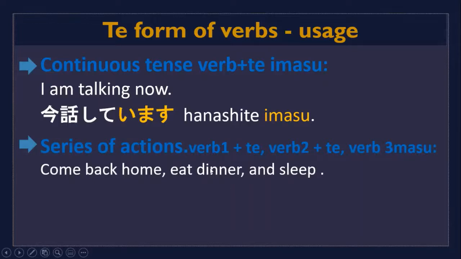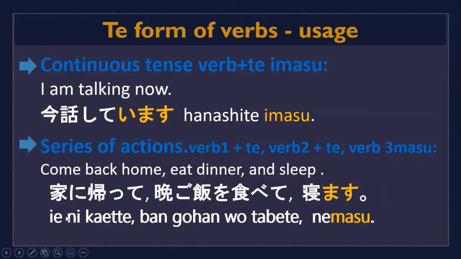So for example, verb 1, you are doing something like come back home, eat dinner, and sleep. So this is how we write. Verb 1 plus te, verb 2 plus te, and then verb 3, you use the masu form.